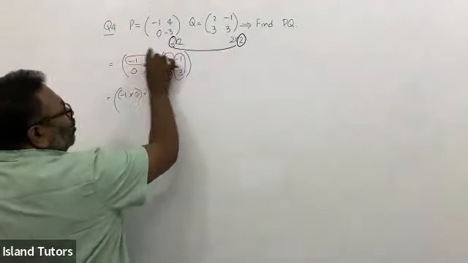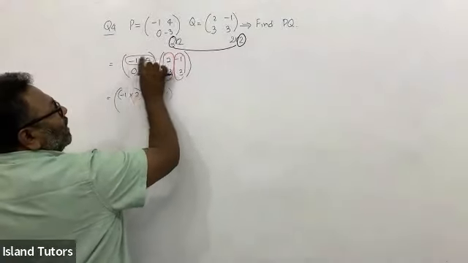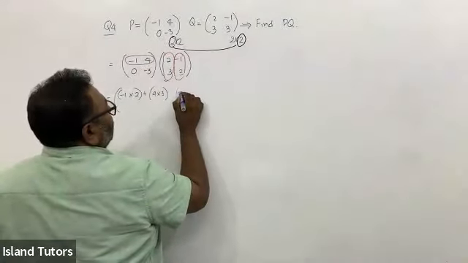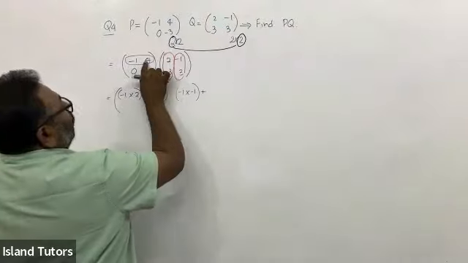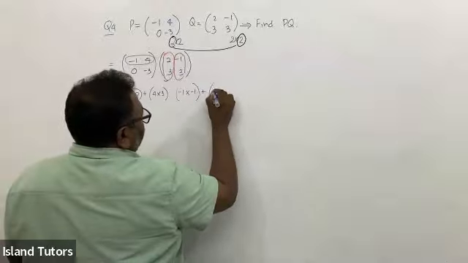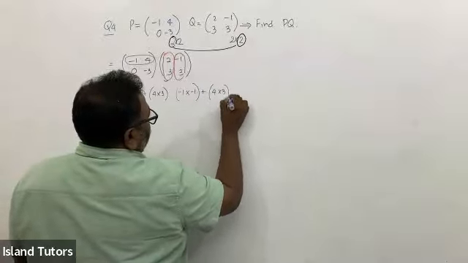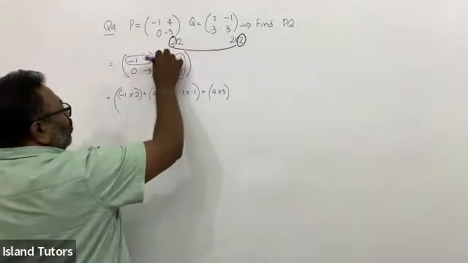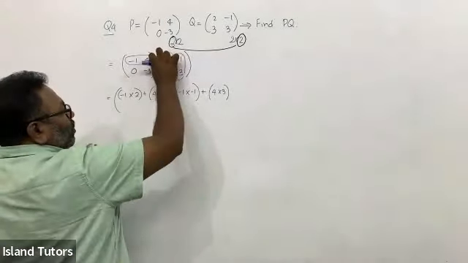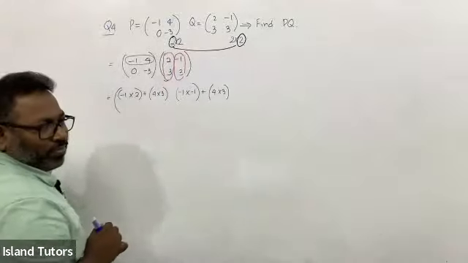Then you take the first row again: -1 multiplied by -1 plus 4 multiplied by 3. Okay. So this row, this column, this row, this column.